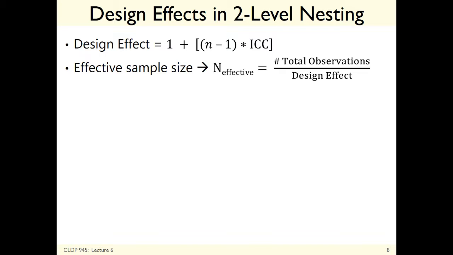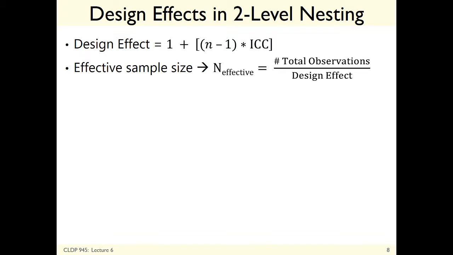So let's think about this in the context of dyadic data for a second, right? Couples, 2 people per couple. Best case scenario, if I have an intraclass correlation of 0, I have no between couple variance whatsoever. It's as if I have a study of people, not couples, in terms of my sample size.